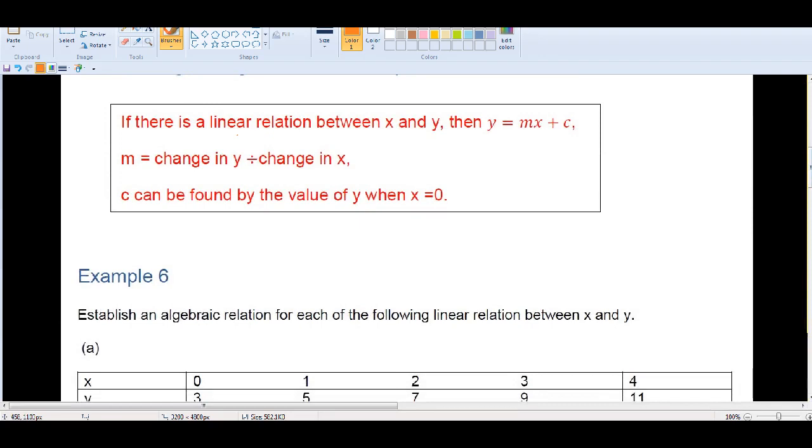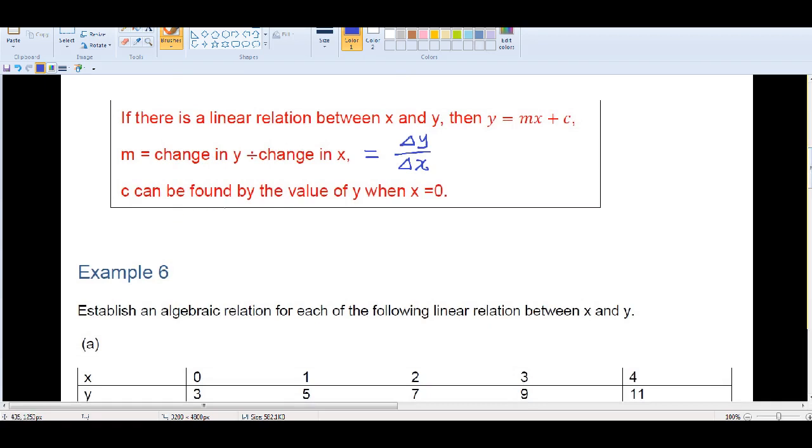So here are the rules. If there is a linear relation between x and y, then we could write y equals mx plus c, and m would be equal to the change in y divided by the change in x, or you might use this notation, change in y over change in x, which we have seen before in our part 1 video.